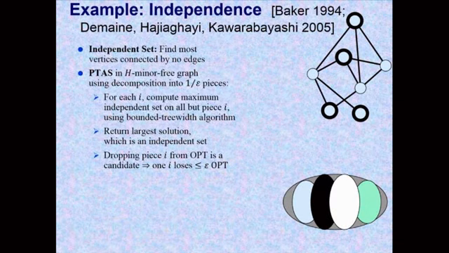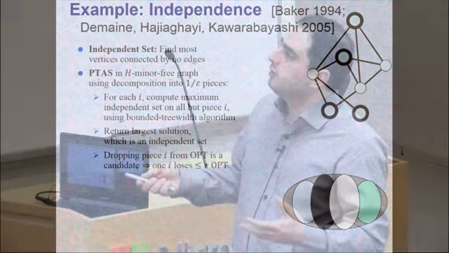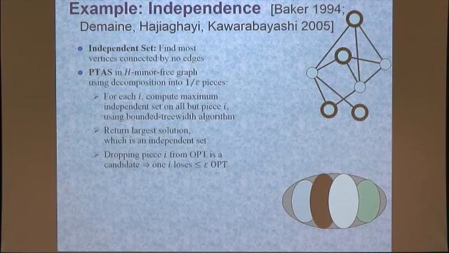Another thing, the independent set. Here you can get a PTAS. You want to find the independent set, the maximum number of vertices such that there is no edge between them. How do you do that? You can get a PTAS again in h minor free graphs. Set k equal to 1 over epsilon. For each i, you just delete that one.